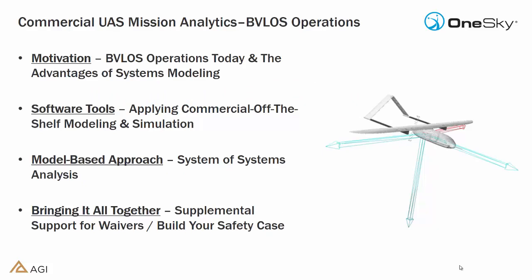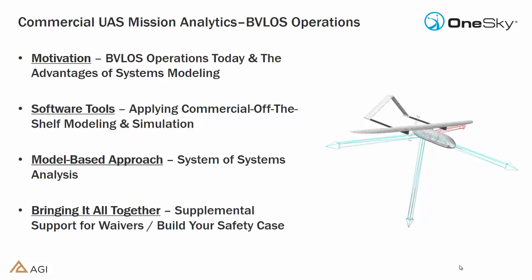So we will focus today on the ability to model beyond visual line of sight operations and analyze the various systems that are involved in those operations. We're going to look at the motivation behind BVLOS operations and how they are requested and perhaps limited today, and point out some of the advantages of being able to provide predictive modeling and simulation of those missions and all of the associated systems.